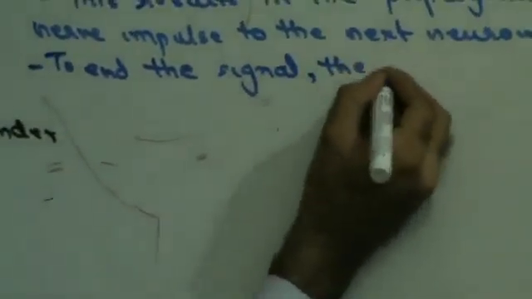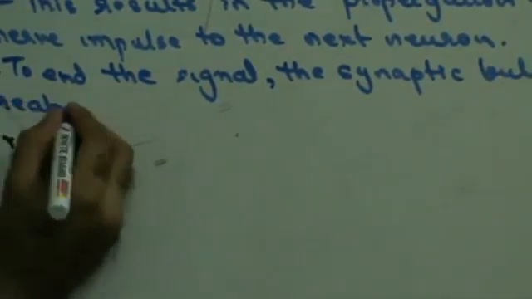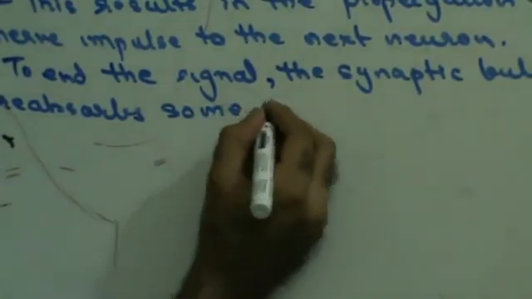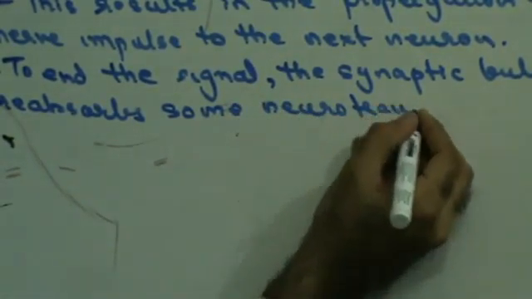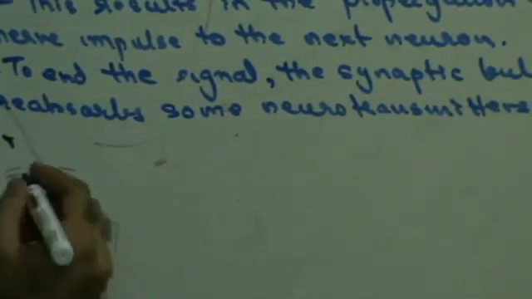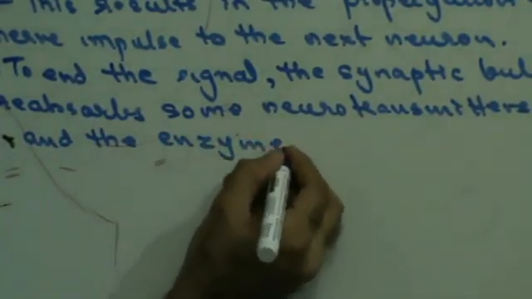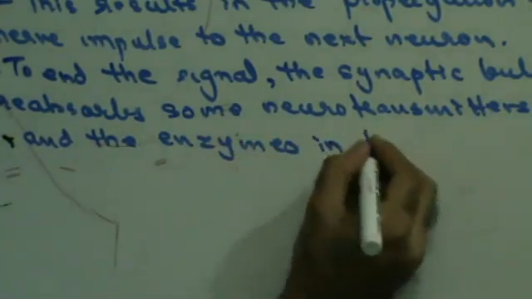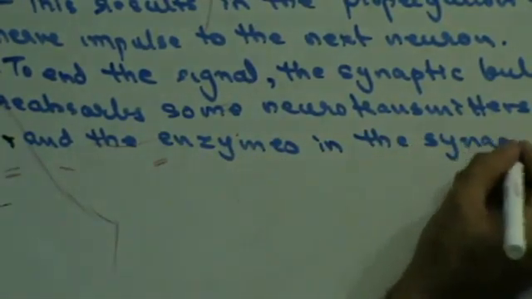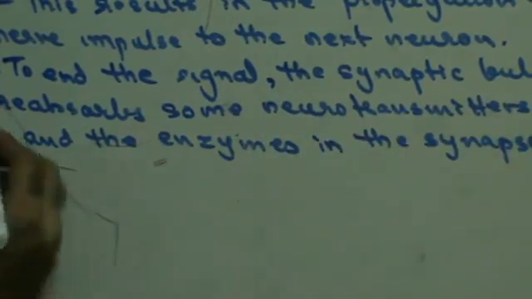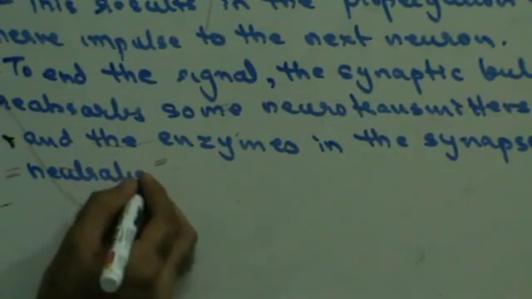the synaptic bulb reabsorbs some neurotransmitters, and the enzymes in the synapse neutralize others.